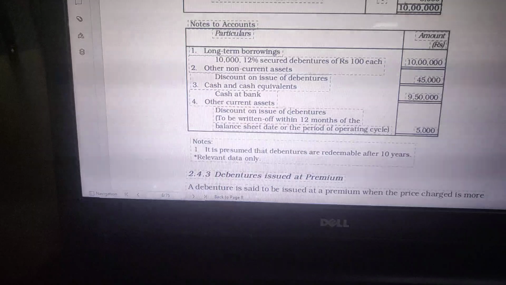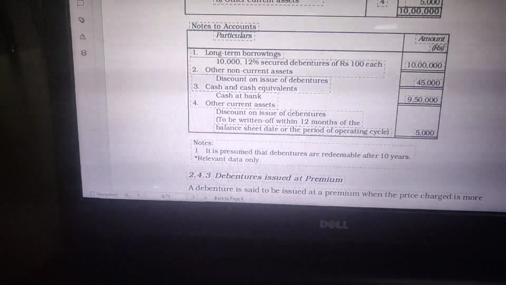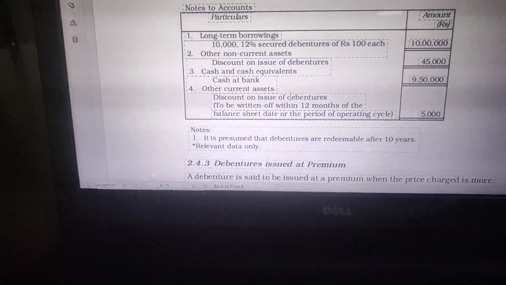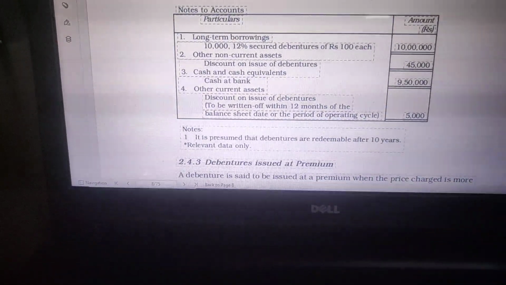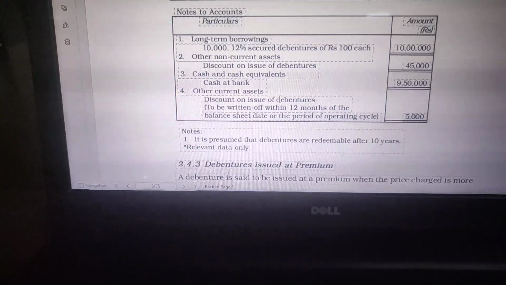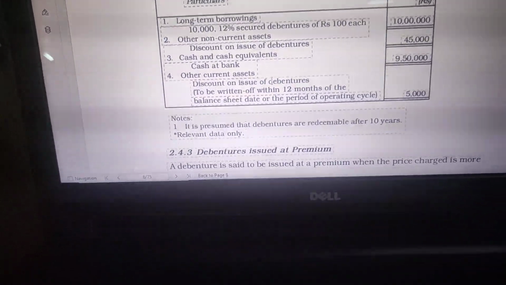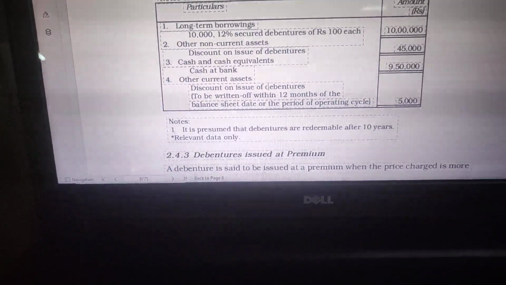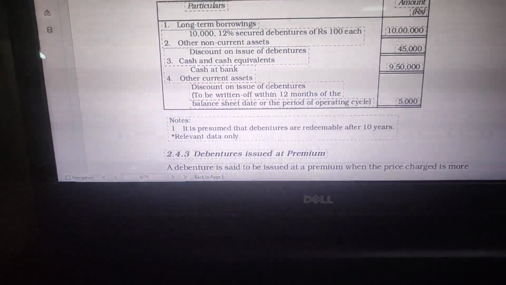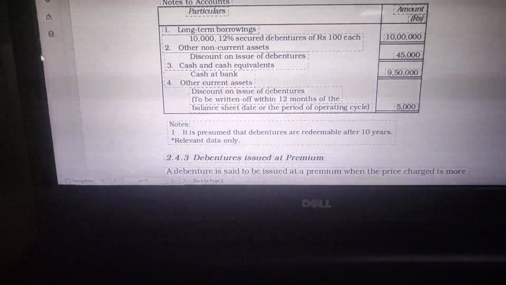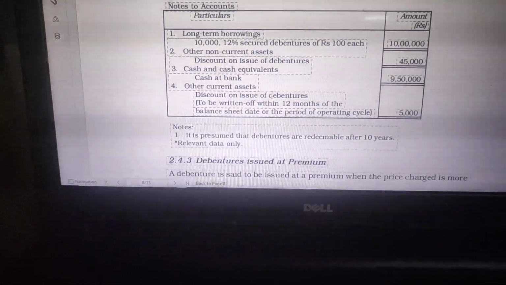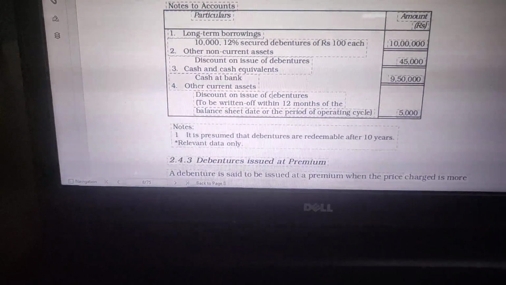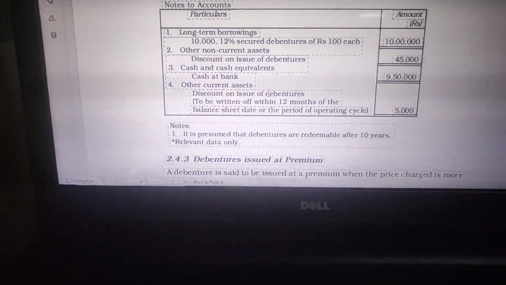The reason for this is that discount on issue of debentures is regarded as a fictitious asset. That is a loss incurred by the company when issuing debentures at a price lower than the face value, which needs to be gradually written off against the profits over the life of the debentures.